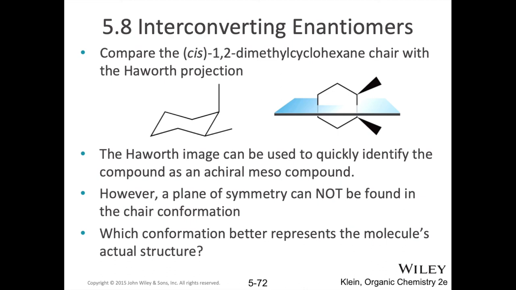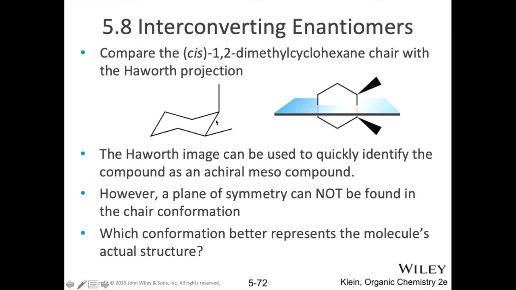How can we figure that out when we're using chair drawings or Haworth projections? You can see here with our Haworth projection, using that bond-line diagram and the wedges, we can quickly identify that mirror plane. Whereas in the chair drawing, it's not as obvious.